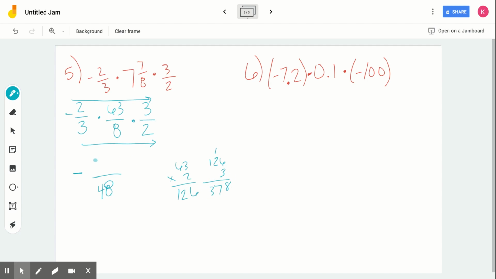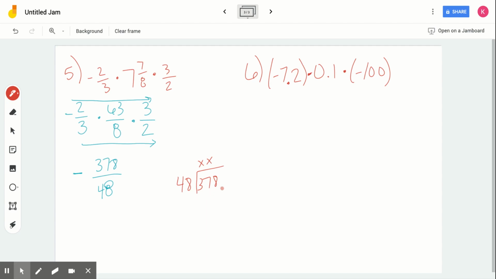So I have 378 over 48. Now, to change this to a mixed number, we divide the top by the bottom. You are going to put that top number inside the house. 48 can't go into 3 or into 37.